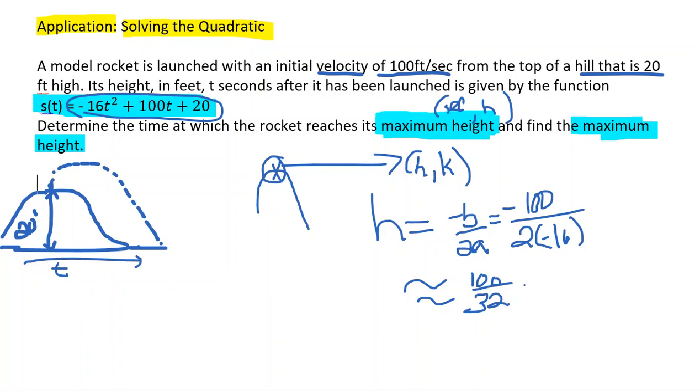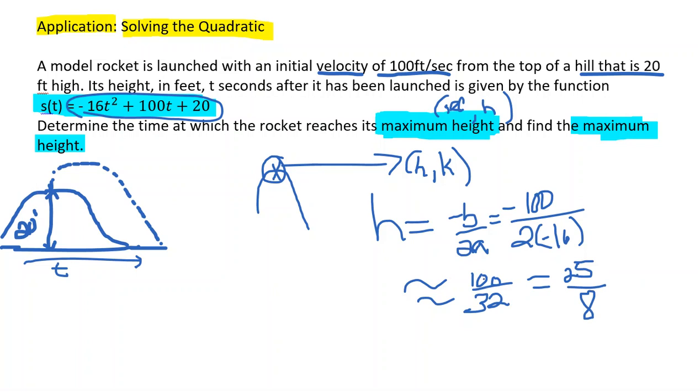Once we reduce it, we're going to have a fraction of 25/8. But most people won't know what 25/8 seconds is, right? So we're going to convert this to a decimal, and I keep wanting to write 28 instead of 25. Let me fix this. 25/8. All right, there we go.